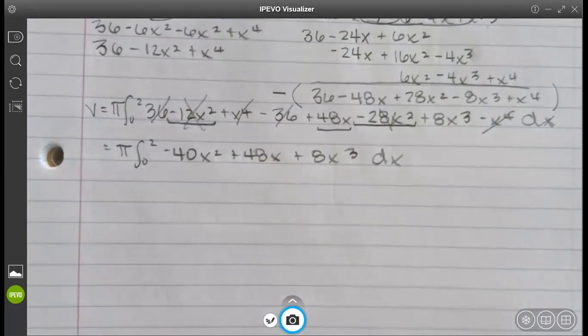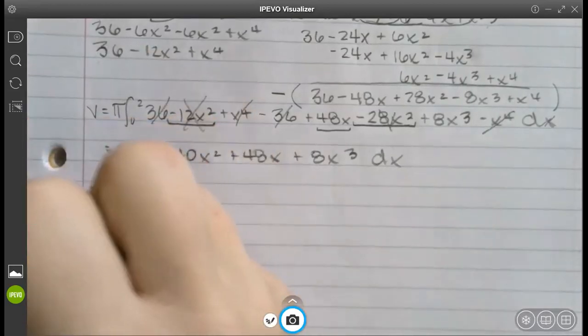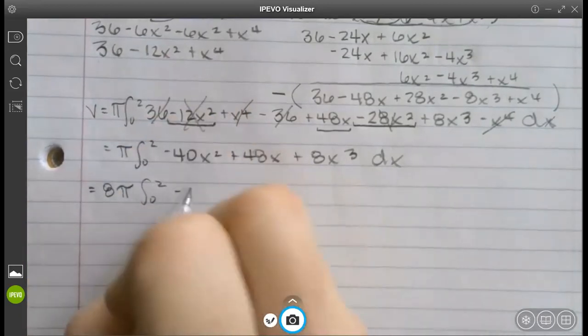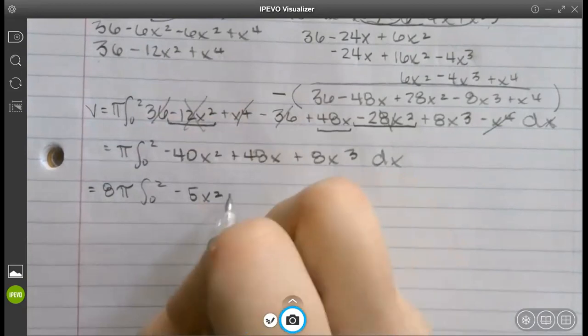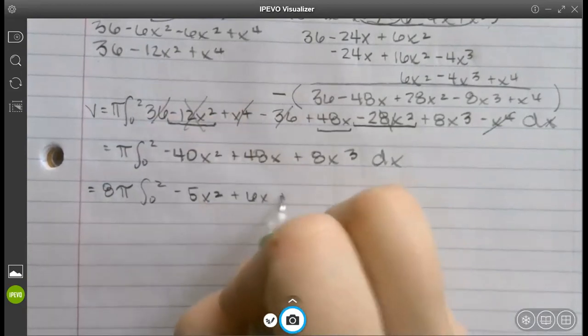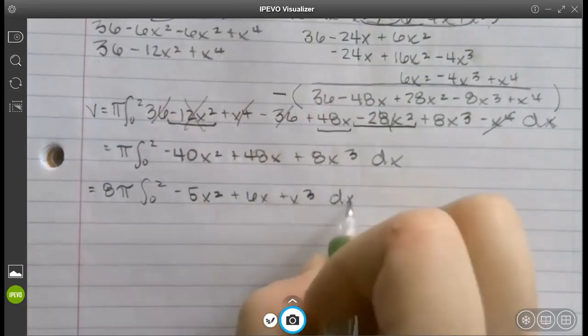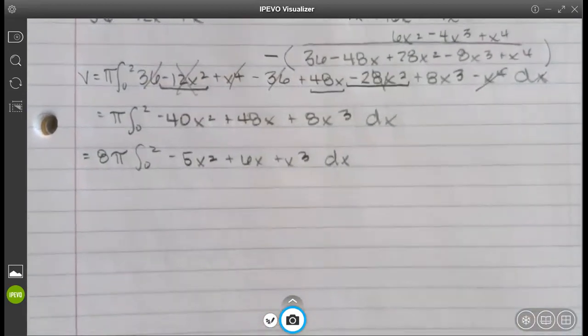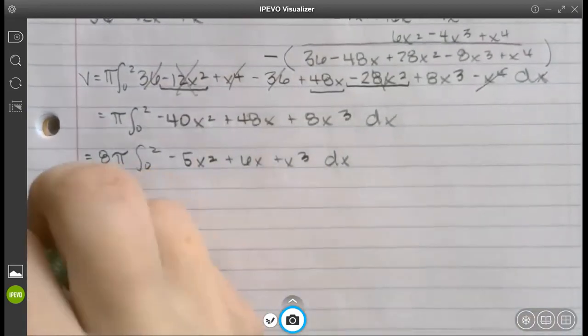Integrate it. Or since they're big numbers, what could I do? So this one, I'm going to take out an 8. All that does is make your integration just a little bit smaller. So negative 5x squared plus 6x plus x to the third.